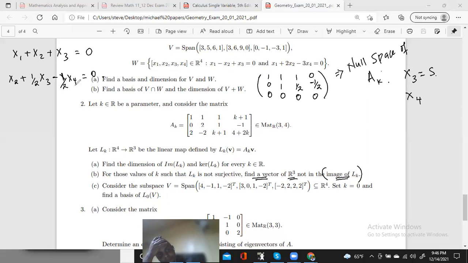And now we just convert x1, x2. So x1 equals minus x2 minus x3. And then x2 equals minus a half x3 plus a half x4. And we know that x3 equals s and x4 equals t.